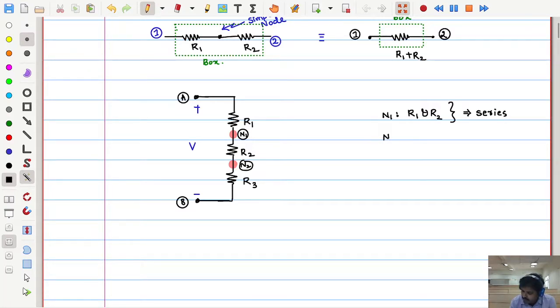Similarly, try to observe N2. N2 is connecting R2 and R3. This node is also connecting only two elements. So we can say these are also connected in series. That means this entire branch is connected in series one to another.